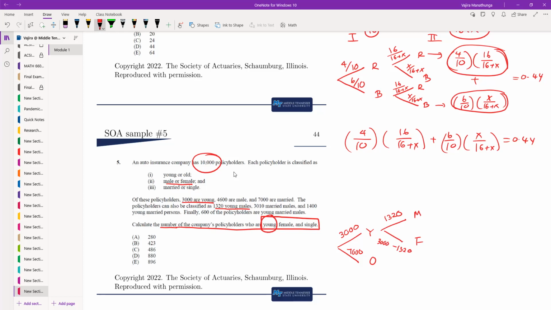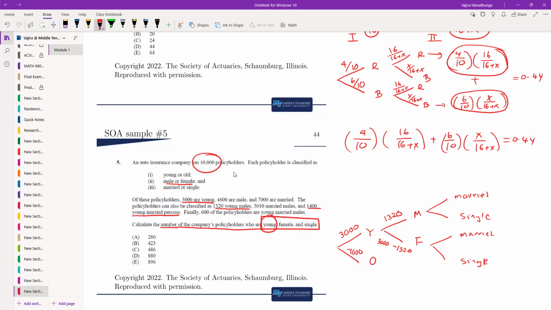Then the last category is married or single. Now I can divide this into married and single. So this is young male married, young male single. And also I have young females who are married and single. The question, instead of giving us how many young males are married or single, says 1,400 young married persons.